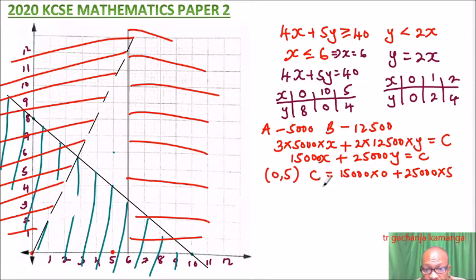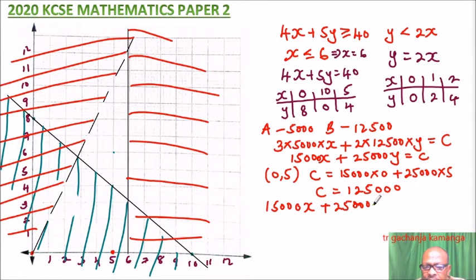We have substituted this point. So C is equal to, when you multiply that, 125,000.